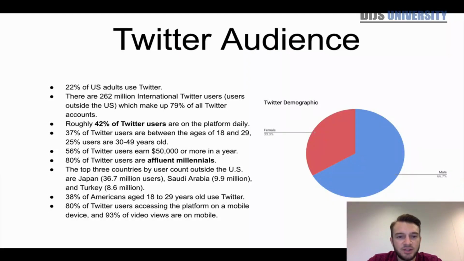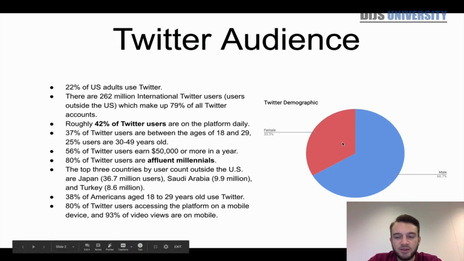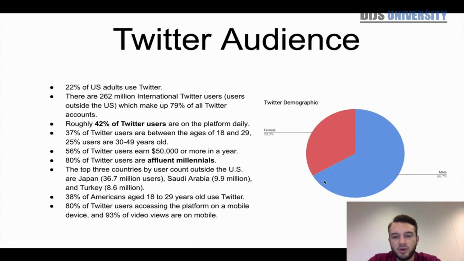Okay, so first of all, let's look at the Twitter audience. As you can see here, the male to female demographic is slightly different from Instagram and Facebook, where it's almost 50-50. Twitter is more male dominant: 66.7% are male, 33.3% are female. That is important when you are creating the ads.